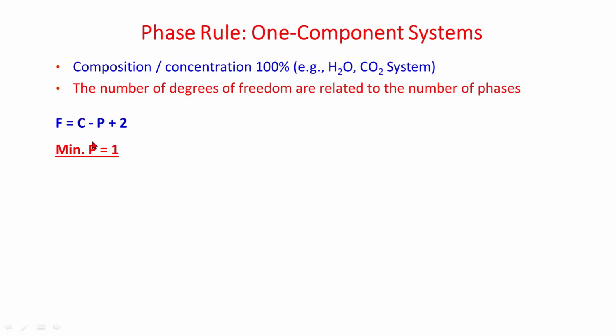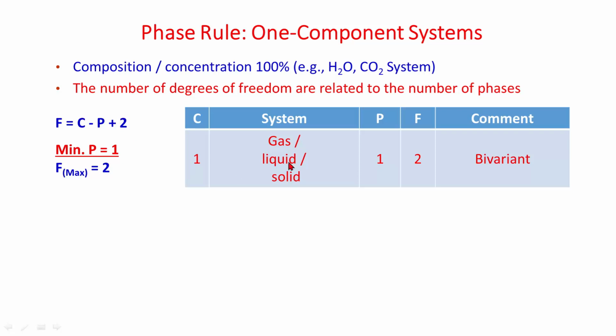If we apply P is equal to 1, then we get degree of freedom maximum is 2. System can be gas or liquid or solid. When phase is 1 and degree of freedom is 2, it is termed as bivariant. If we consider only one phase, then it is bivariant. We need to specify both the temperature and pressure to know the state of the system.